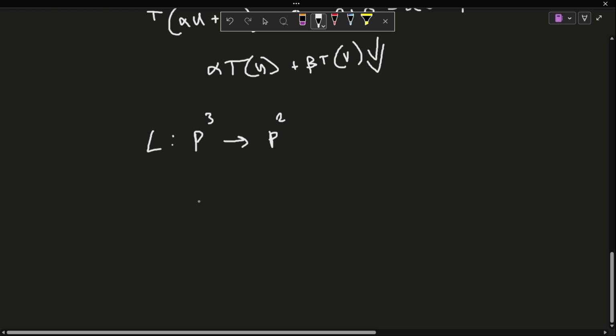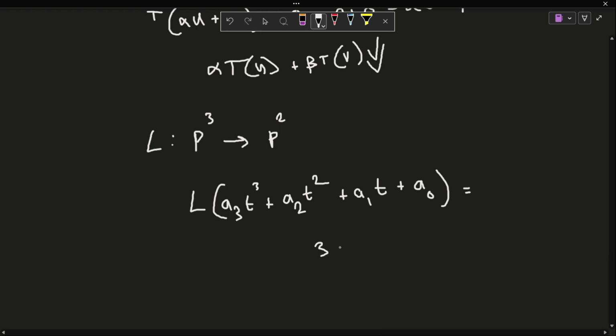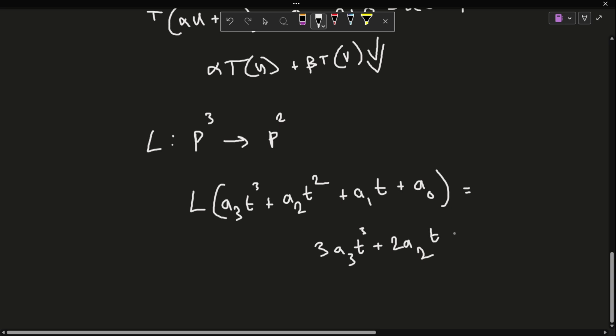And let's say that L of A3 t cubed plus A2 t squared plus A1 t plus A0, where these are just arbitrary coefficients, is going to equal 3A3 t squared plus 2A2 t plus A1. Okay, and so A with any subscript is just going to denote a real number.